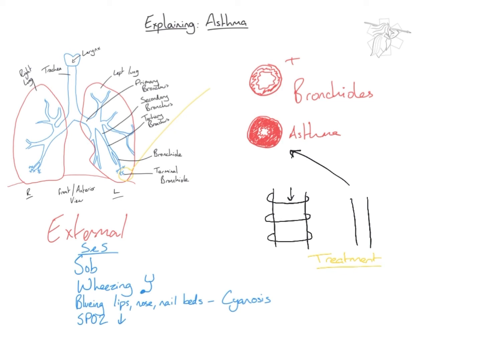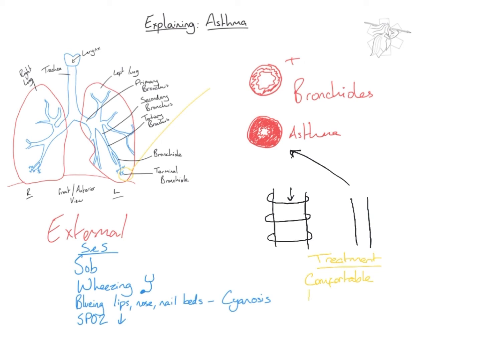From a treatment point of view, we need to let the patient find a position that they are most comfortable in. So what we don't want to do is start trying to restrict their breathing or restrict their positioning, tell them what they should or shouldn't be doing. Ideally, they want to be sat up with their back open and being able to draw in as much air as they can, if you like. So we want to make sure they're comfortable.